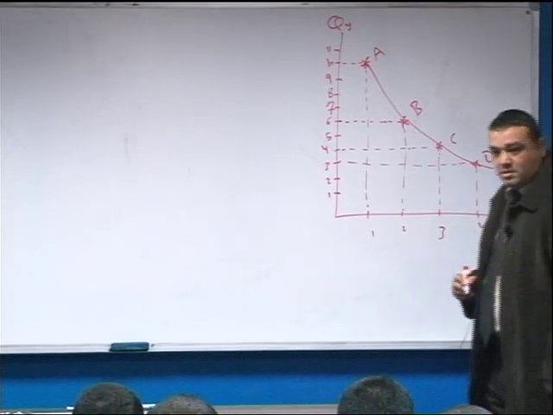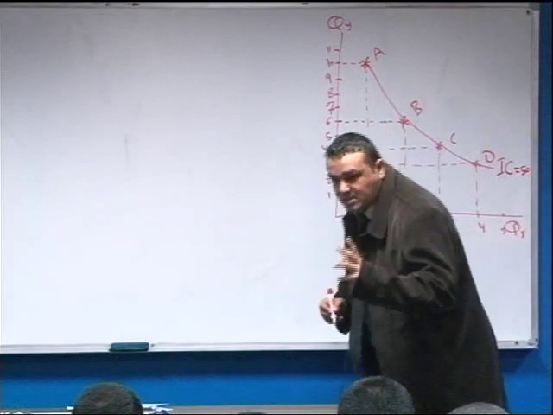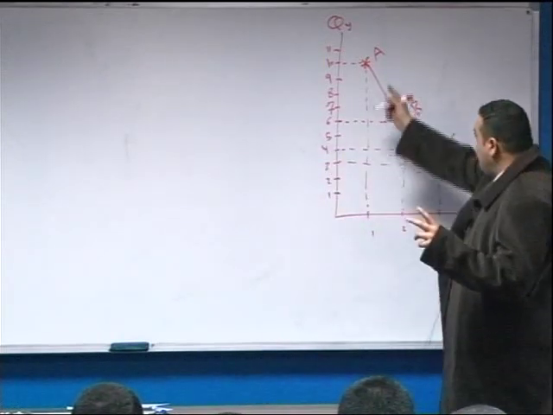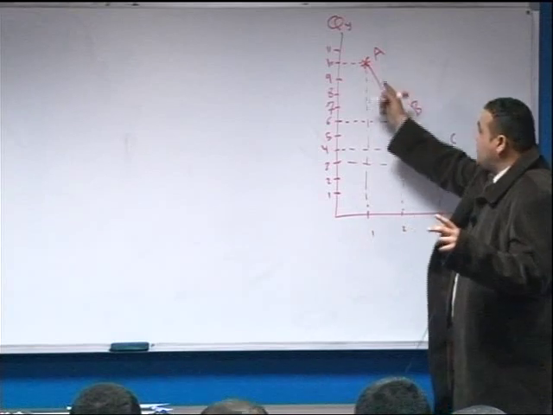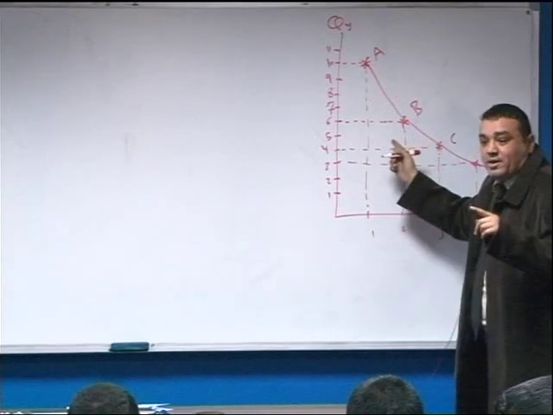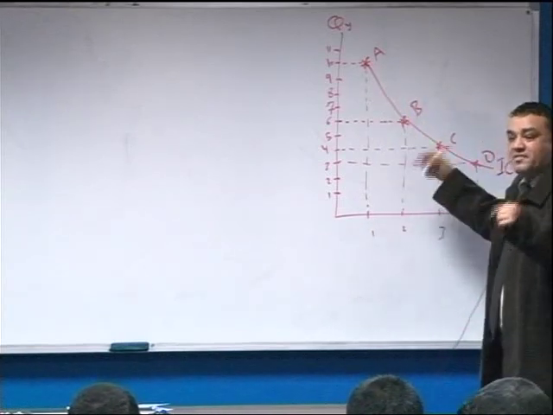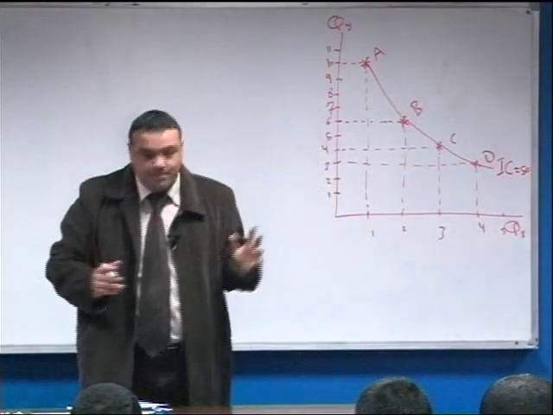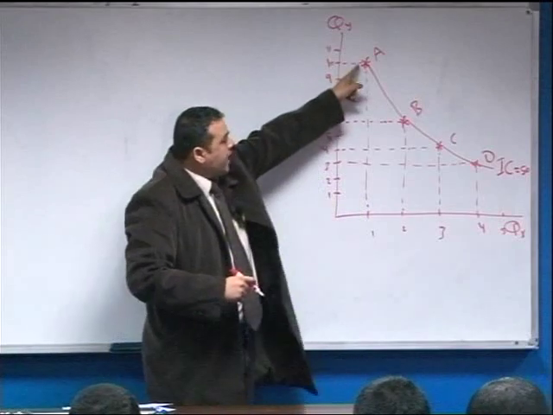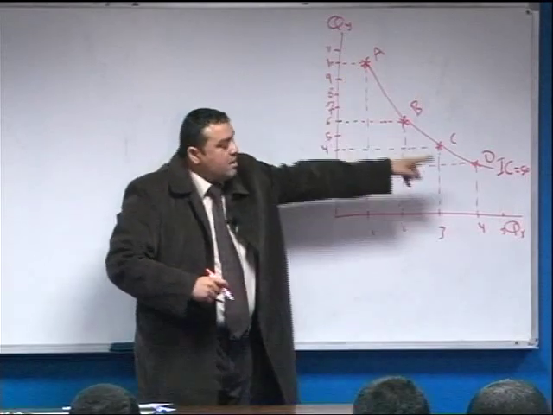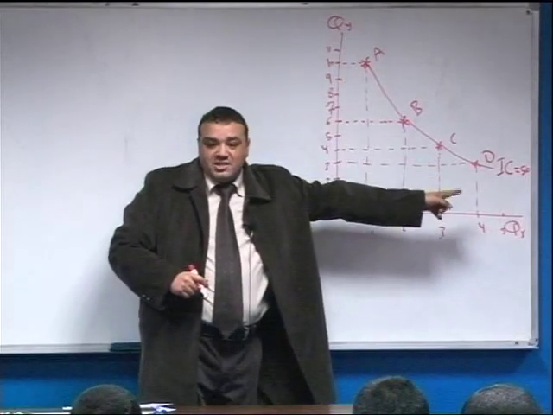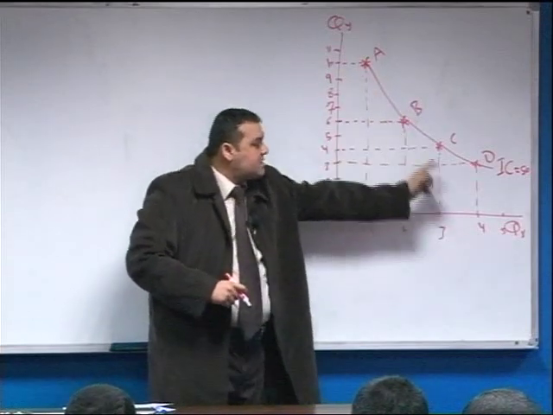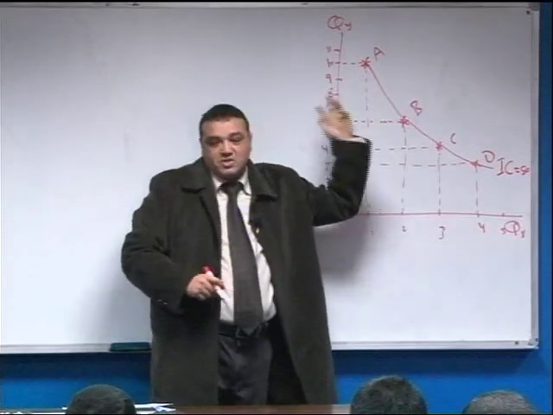Right? So, yes, excellent, Muhammad, because any point that lies along this curve gives the consumer the same satisfaction or the same utility. So point A gives the consumer 50 utils, and B gives 50 utils, C, D, and so on.